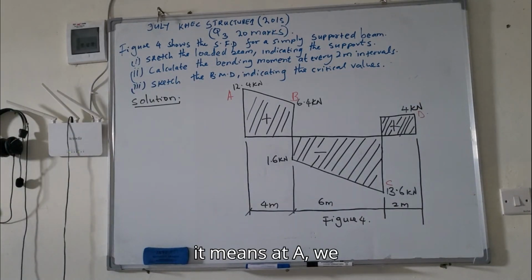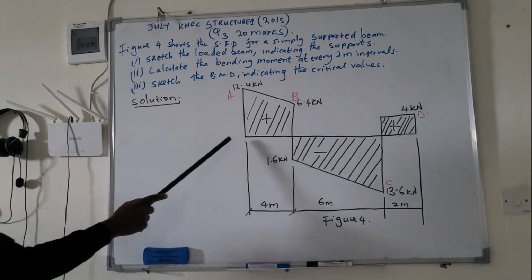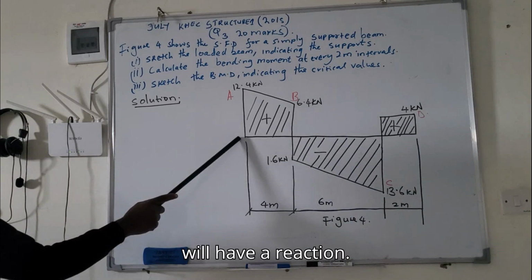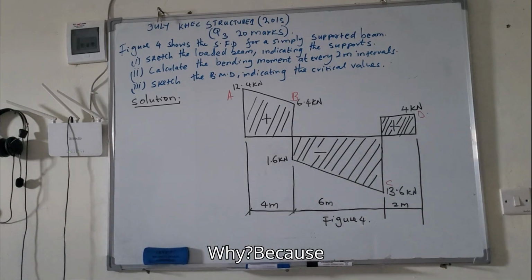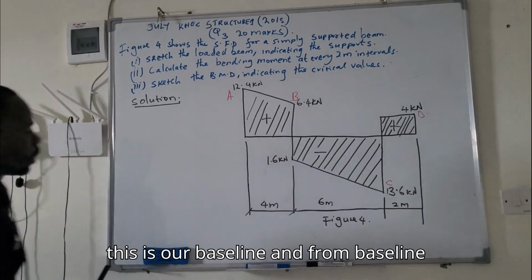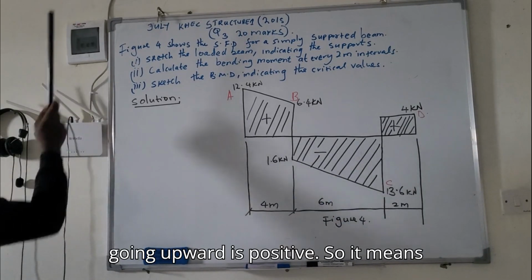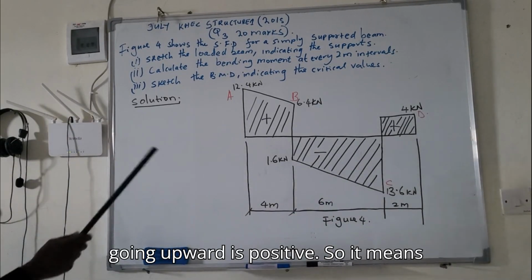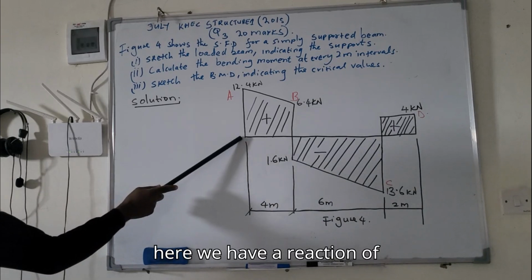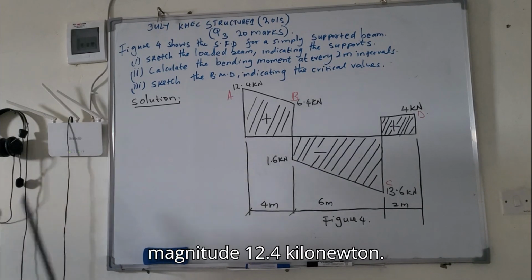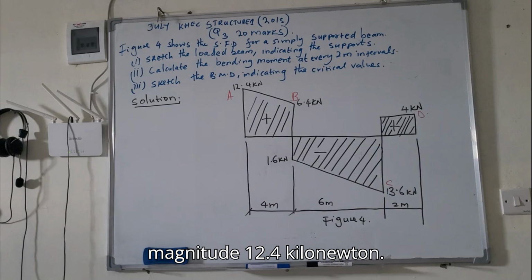At A, we'll have a reaction. Why? Because this is the baseline, and from the baseline going upward is positive. So here we have a reaction of magnitude 12.4 kilonewton.